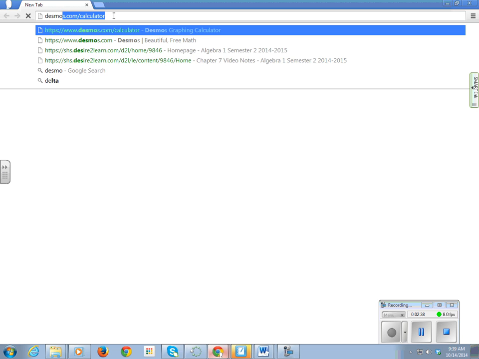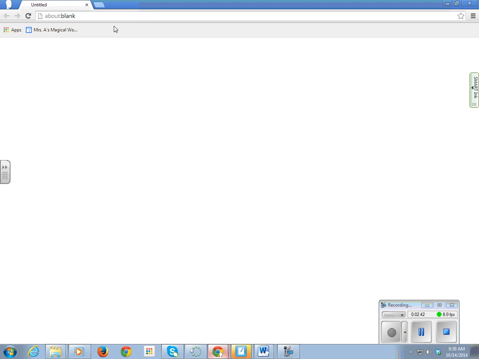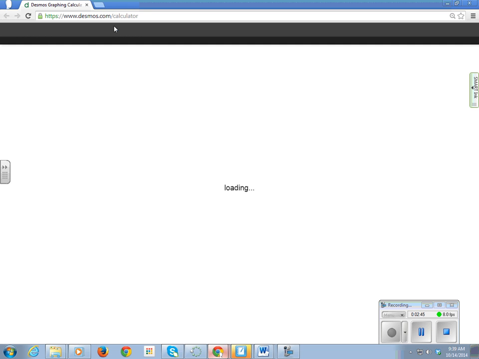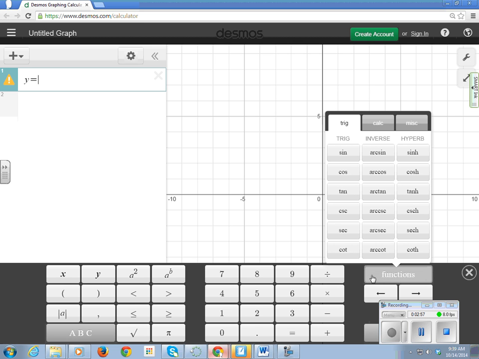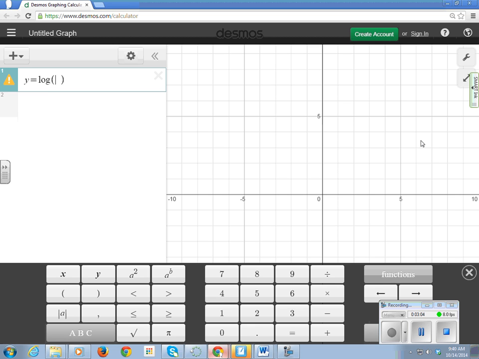So if I'm using the Desmos calculator, I have my parent function y equals log. Right now it's automatically base 10.